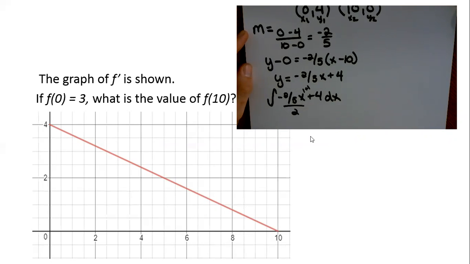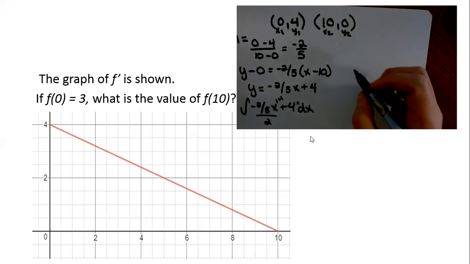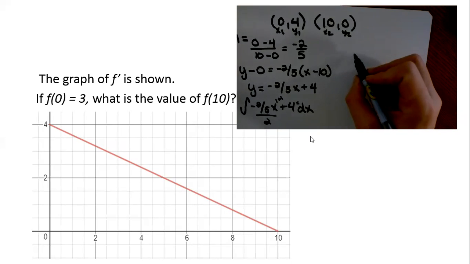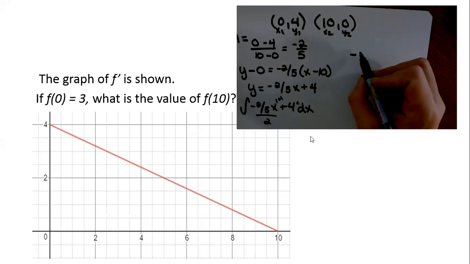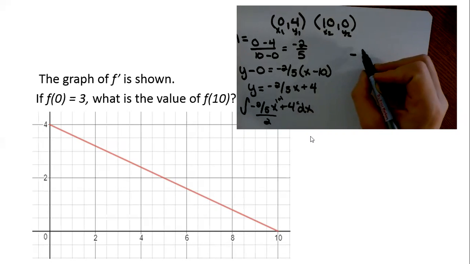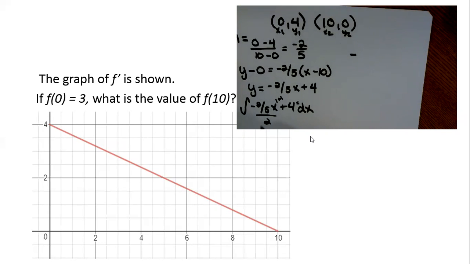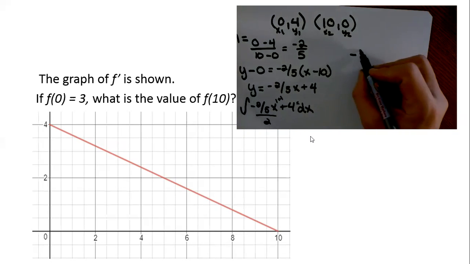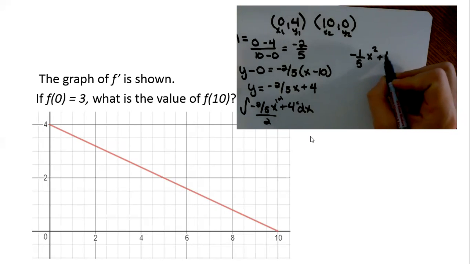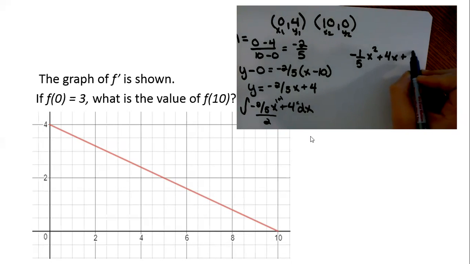So I have negative 2/5 x squared over 2, and I'm going to add an x in here. So negative 2/5 divided by 2, it's like multiplying by half, so the 2's would cross out. So I'd have negative 1/5 x squared plus 4x, and then don't forget your constant of integration, the plus c.